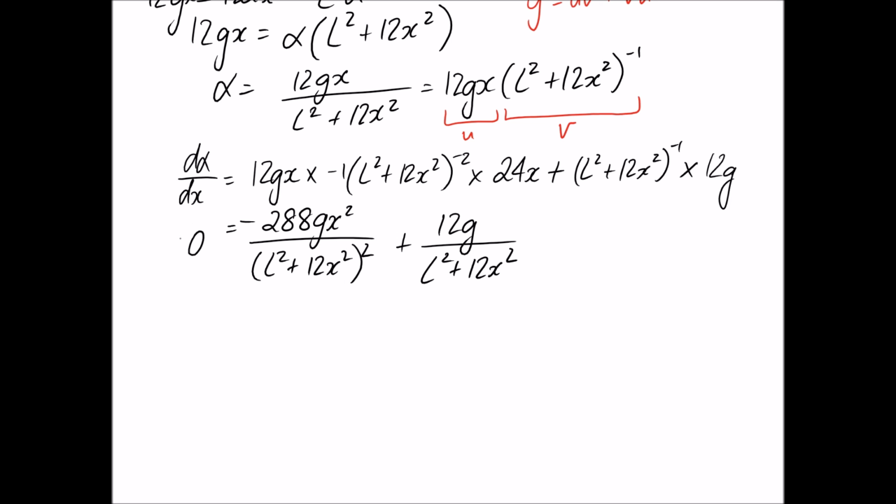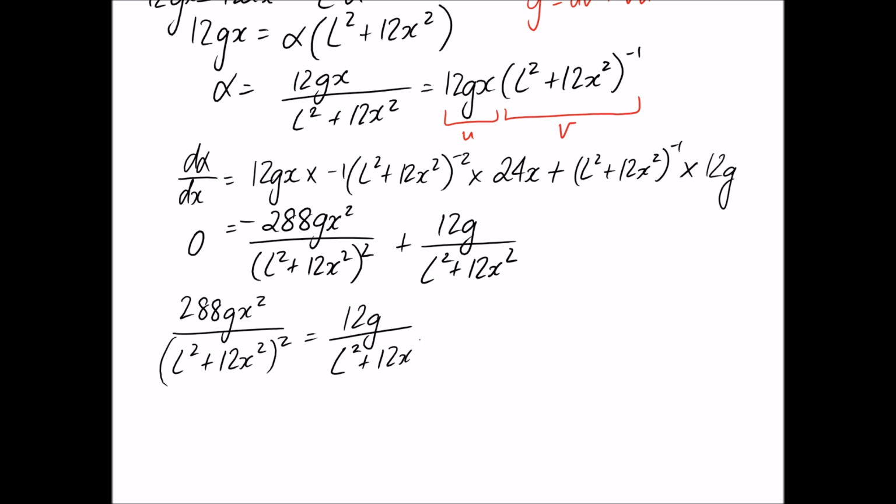So if I flip this to the other side, okay, so I've ended up with g's on everything, so they're going to cancel with each other. And on the bottom line here, basically what's going to happen is that can cancel with that. So basically we've lost one of these terms and it's cancelled with this one here.